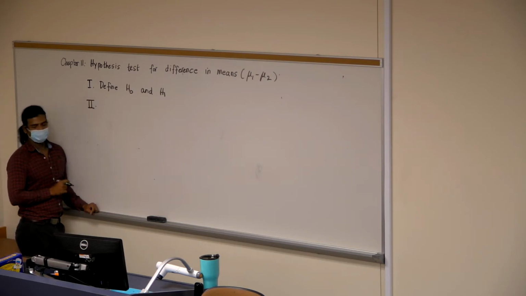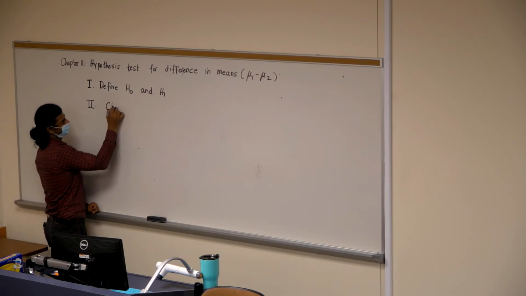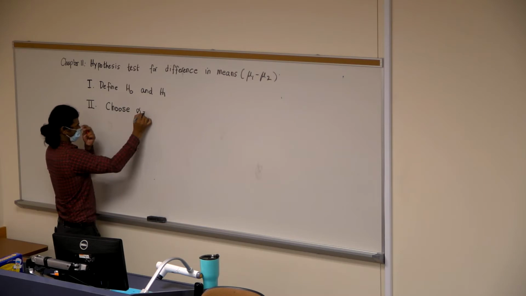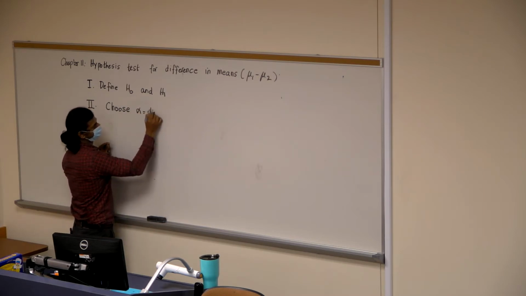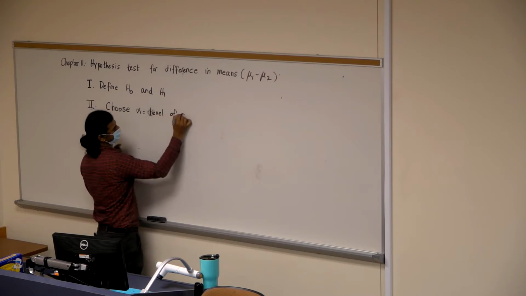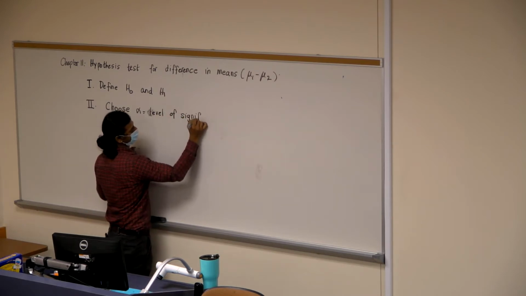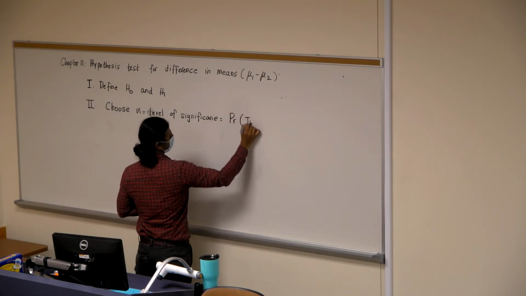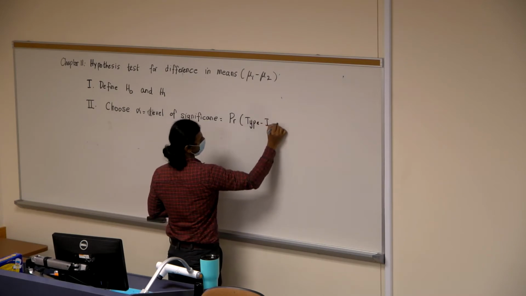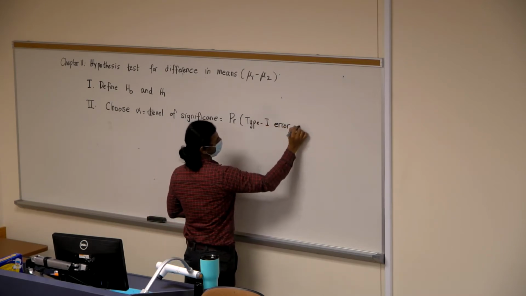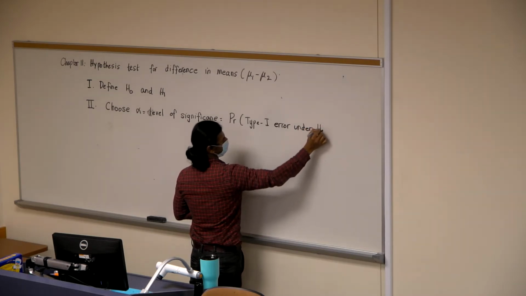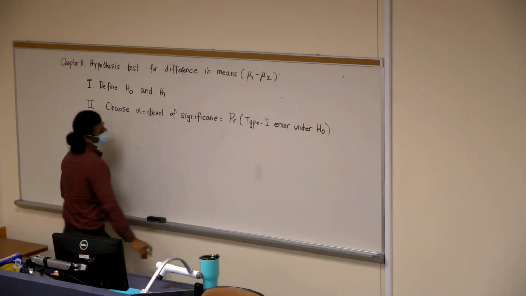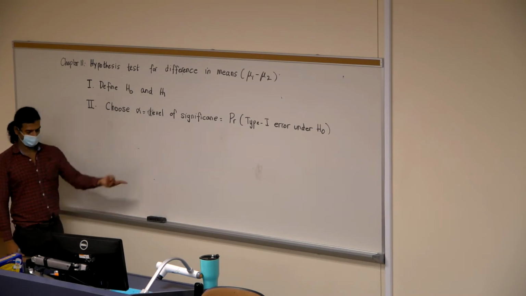Step 2. What do we need in step 2? Level of significance. It is a probability of type 1 error under the null.